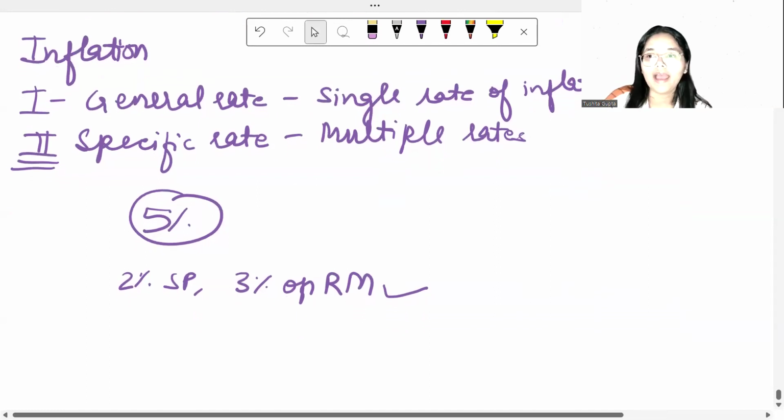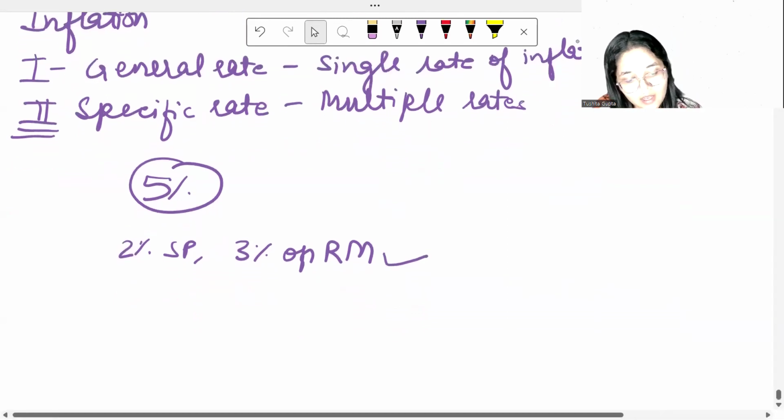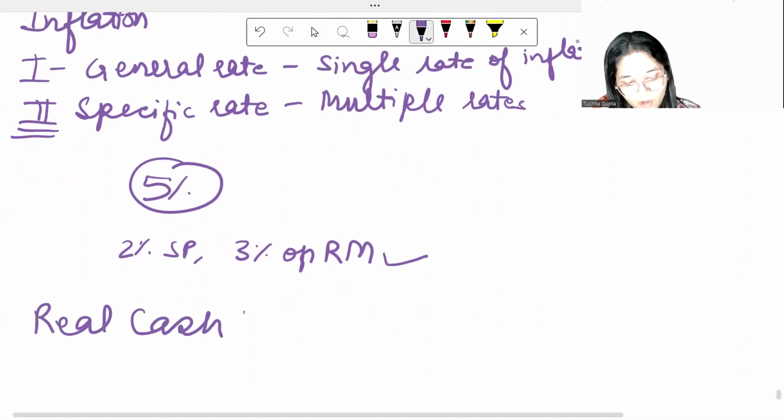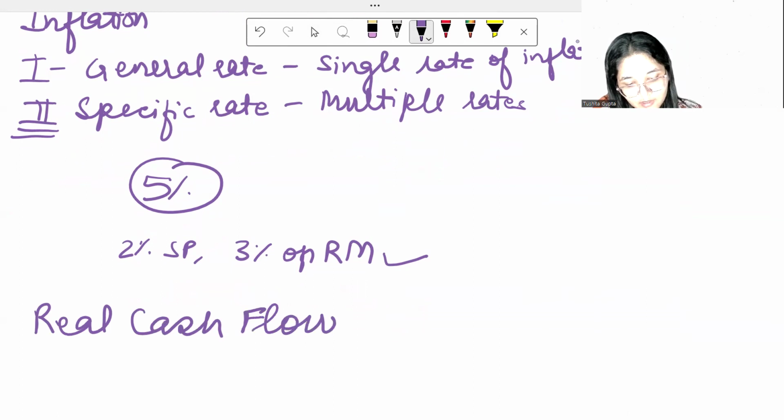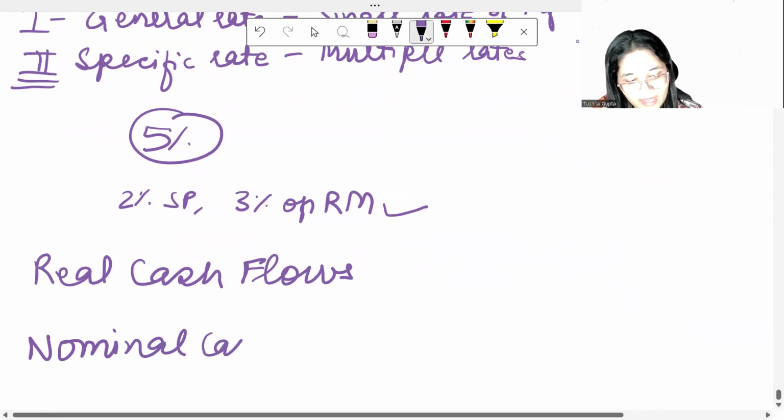Now, when it comes to cash flows, and now we're talking about inflation, with respect to the cash flows that we have, there can be two types of cash flows. Number one is your real cash flows, and number two is your nominal cash flows. Now, what's the difference between these two cash flows?